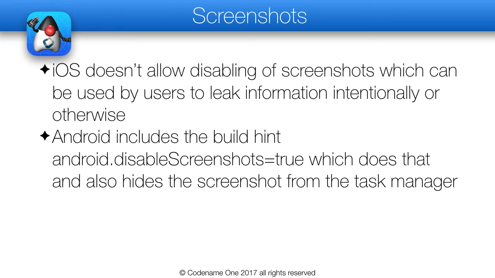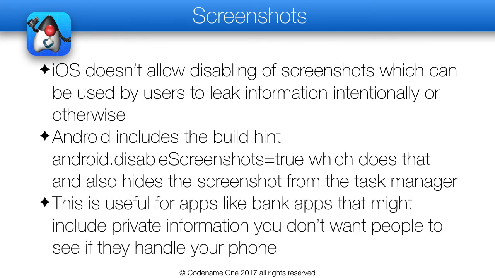This also hides the screenshot from the Android Task Manager, which might impact the user experience. If you have a banking app, you might be concerned that the user will grab a screenshot that includes potentially private information, and you might want to block that. Some organizations have a security policy that requires this flag.